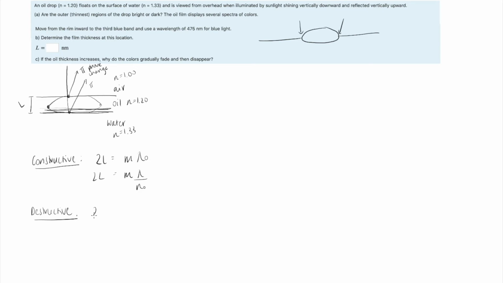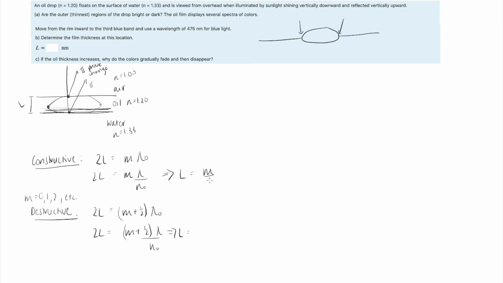Therefore, for destructive, we're going to have the opposite case. So we're going to have 2L equals m plus a half lambda divided by n_o. Okay, so in both cases, remember, we're going to have m equals 0, 1, 2, etc. Let's work out what our conditions for L, for the width of the oil droplet, are going to be to meet both of these instances.